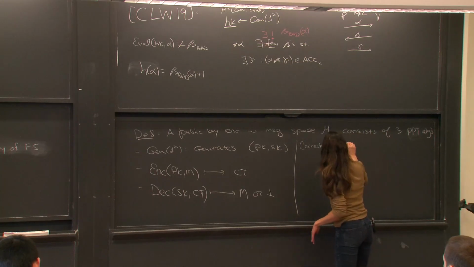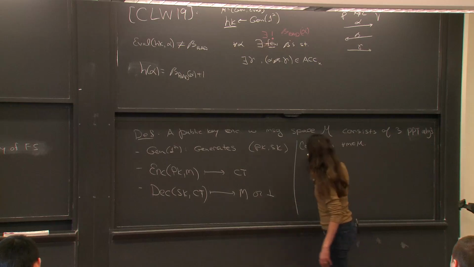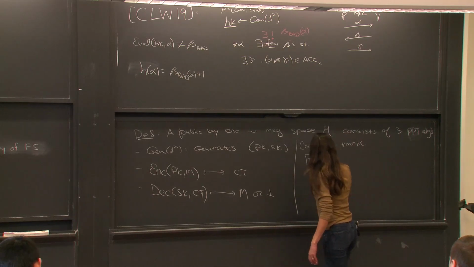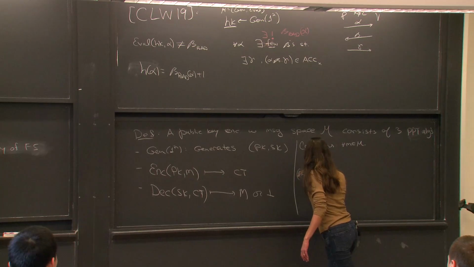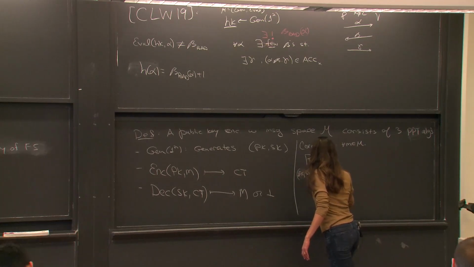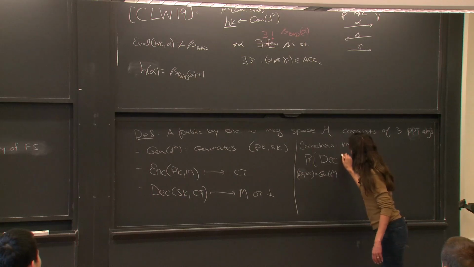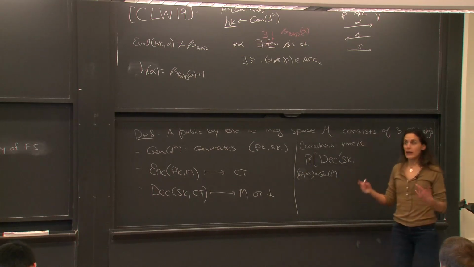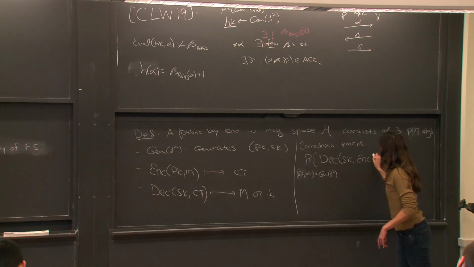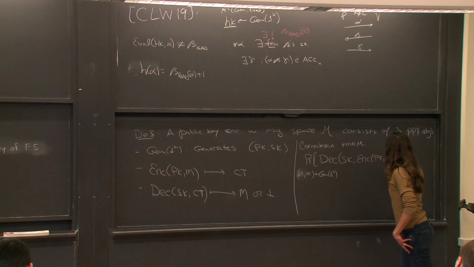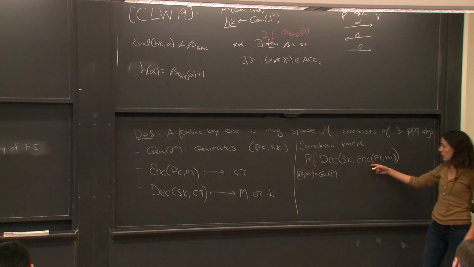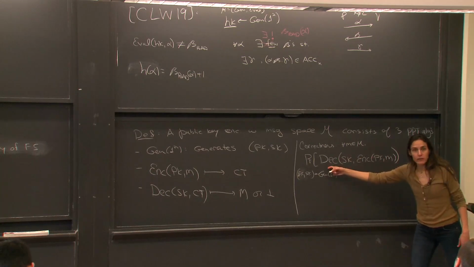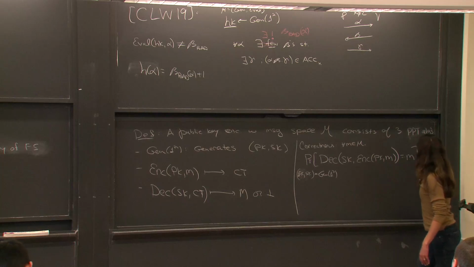So it says for every message m, the probability over sampling a public key and secret key from Gen, and then using the secret key to decrypt an encryption of m, is that you get back the message with probability 1.